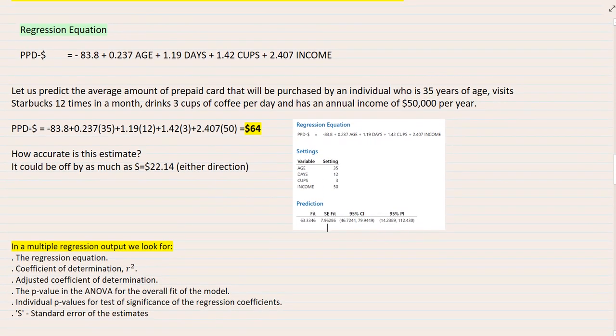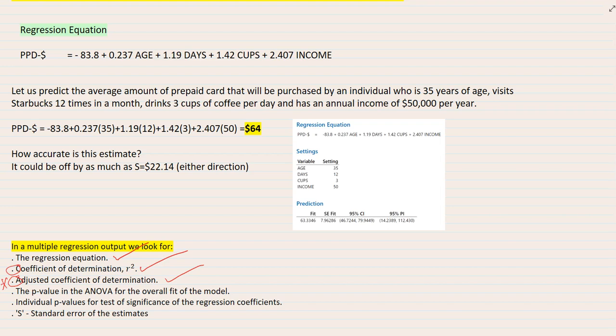Okay, and again, I'm just recalling here the things that we look at in a multiple regression output. We looked at the regression equation. We talked about the coefficient of determination. We looked at the adjusted coefficient of determination. In a multiple regression model, by the way, you really look at this as opposed to this one. This is more important of the two, the adjusted coefficient of determination.